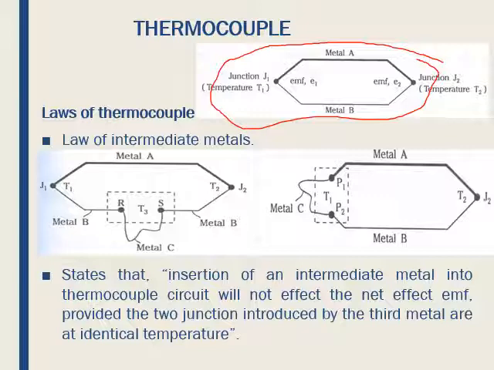The total EMF flowing through this circuit depends on the metals used within the circuit as well as the temperature of the two junctions. The total EMF or the current flowing through the circuit can be measured easily by a suitable device.